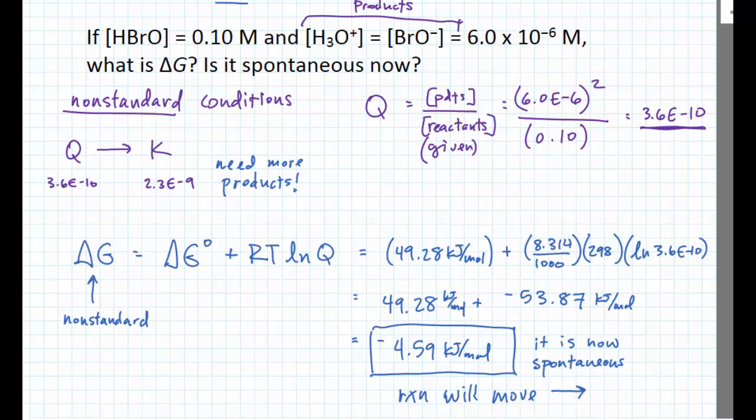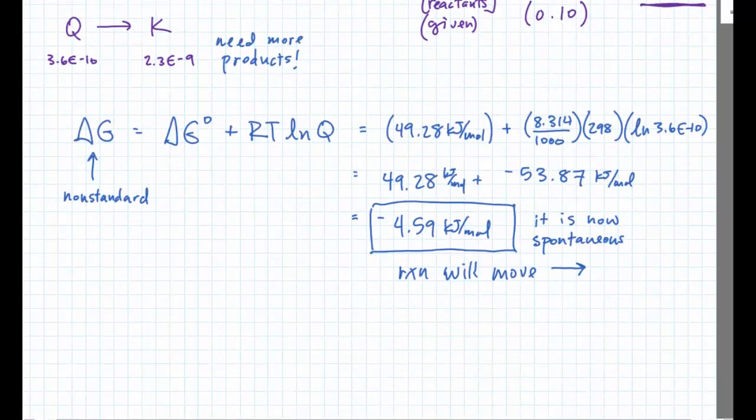All right. If it were the other way around, if Q were larger than K, it would have been like our standard conditions, right? Standard conditions would be 1 going to that, okay? In which case we needed more reactants. Okay? So thinking of it in that way, I think that's good.